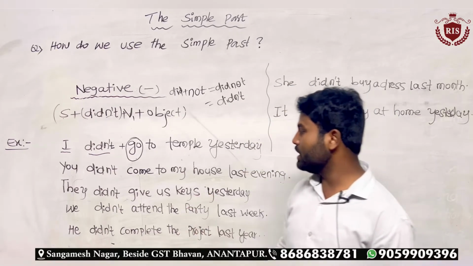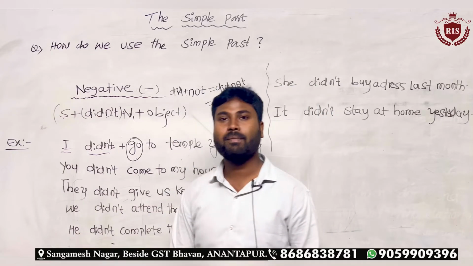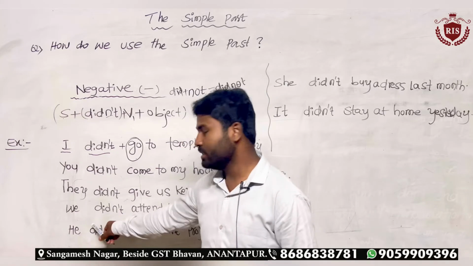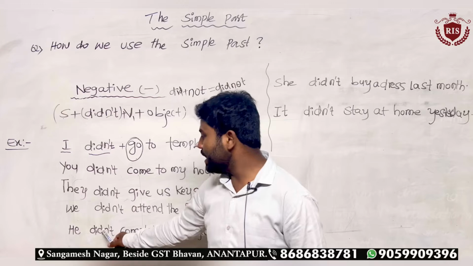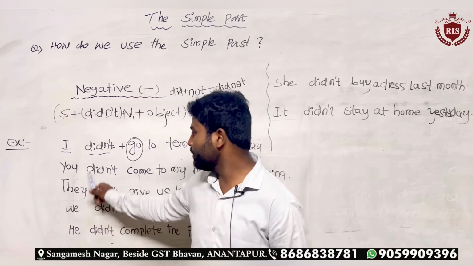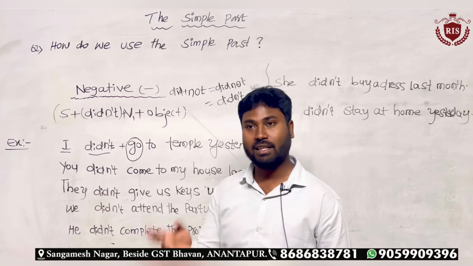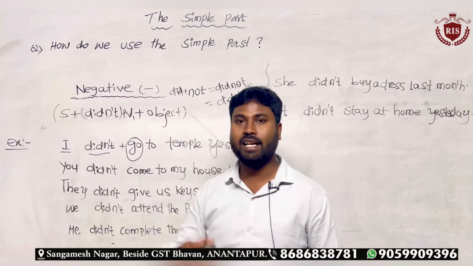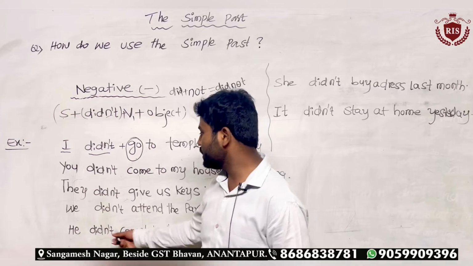Okay, so let us look at the example. Here we have taken he as the subject, and didn't. We have used the same auxiliary even for the pronoun he. Not like the present simple, where we used different auxiliaries for different pronouns. But here we use the same one for all the pronouns.